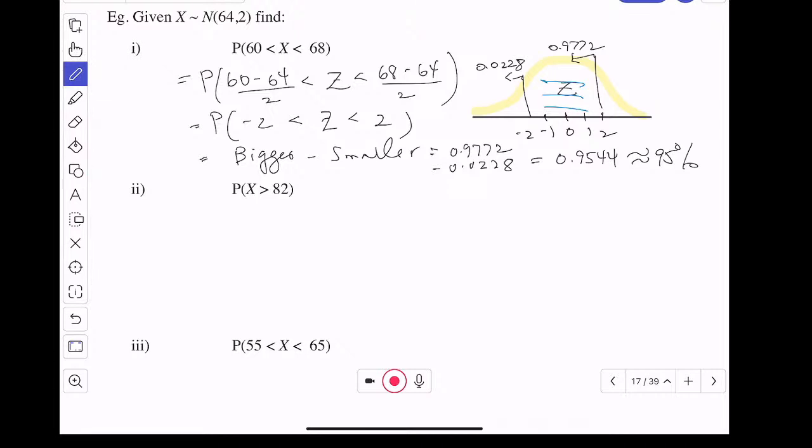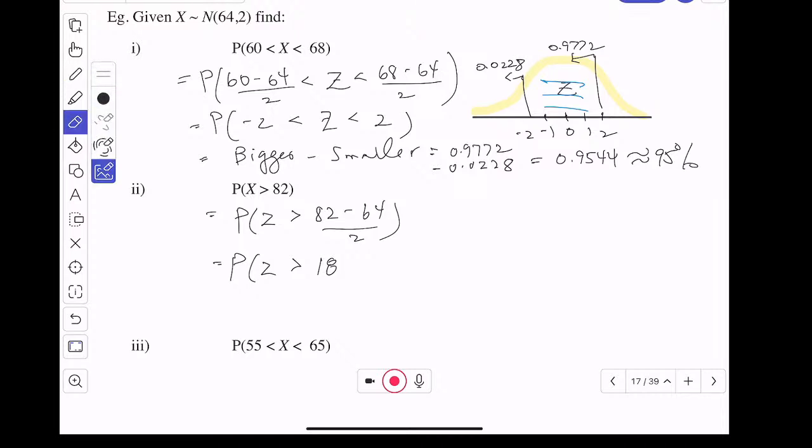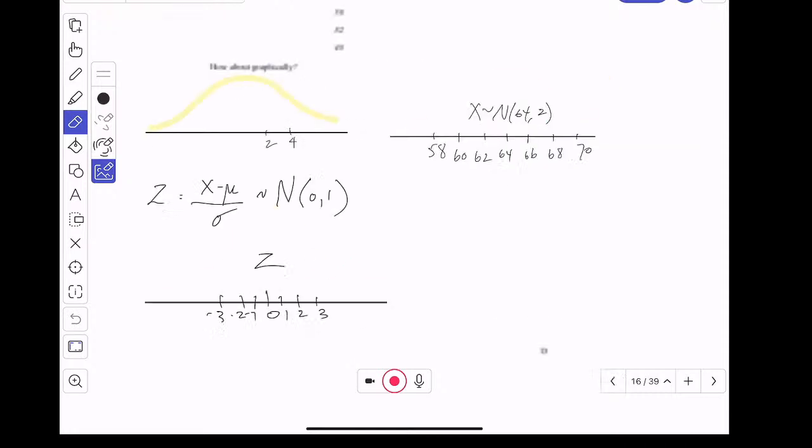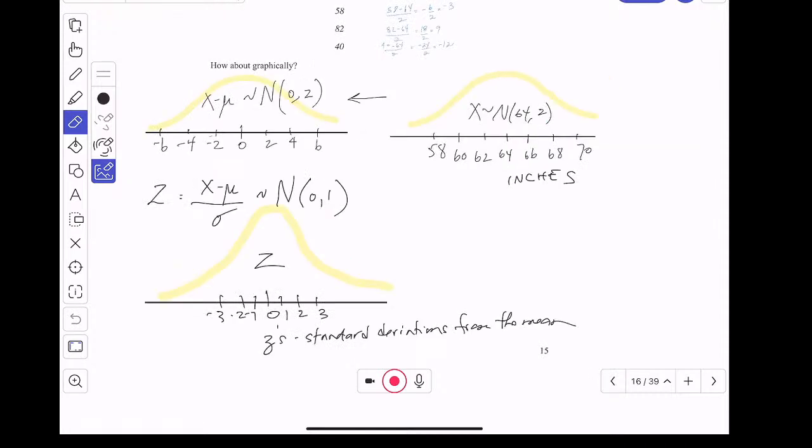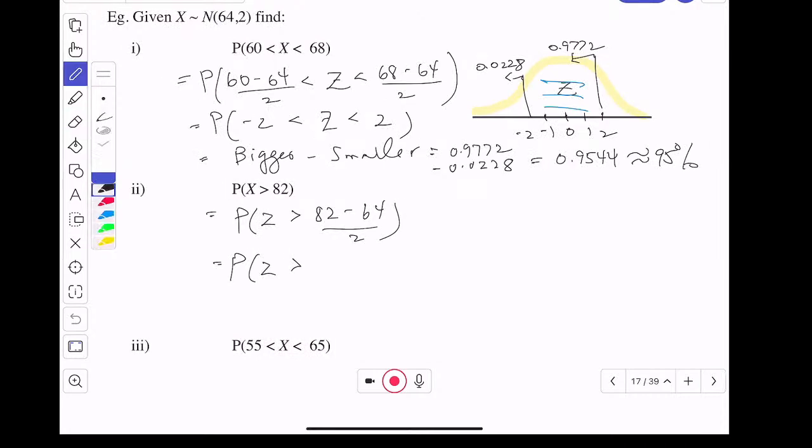What about x greater than 82? This would be converted also into z, and you take 82 minus 64 divided by 2, which is z greater than 9. So this is greater than 9. Now what would that be? Is there anything greater than 9 according to our chart?